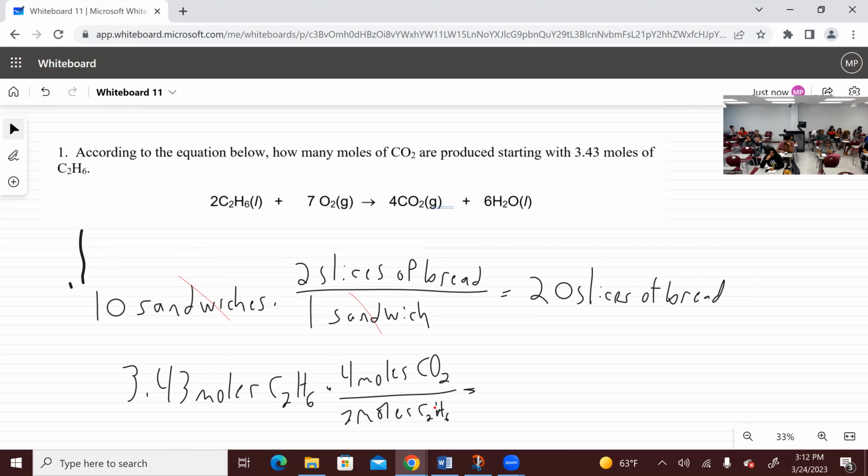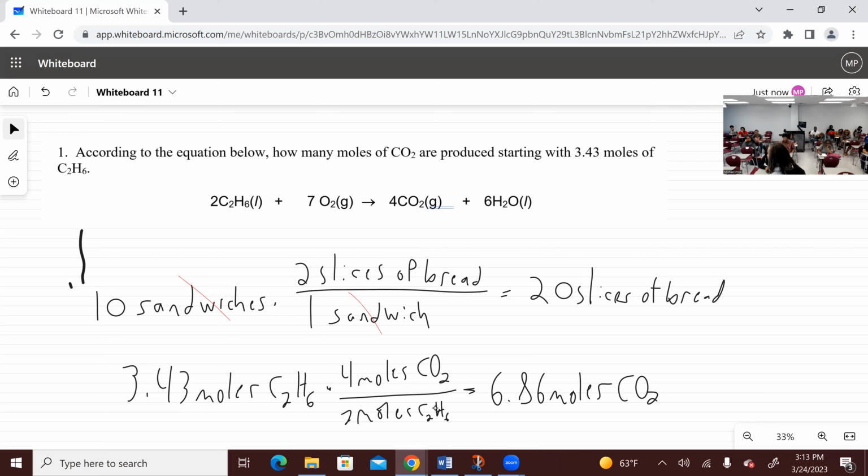If I ask you how much of a reactant you're going to have to react with it, you do it the exact same way. In this case, carbon dioxide is a product. I'm going to have 4 moles of carbon dioxide formed for every 2 moles of ethane that reacts. So I'm going to take 3.43 moles of ethane times 4 moles of carbon dioxide divided by 2 moles of ethane. 3.43 times 4 divided by 2 is equal to 6.86 moles of CO2.